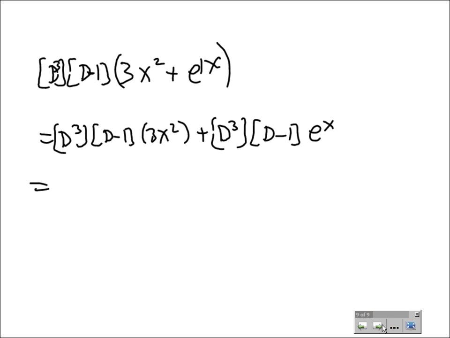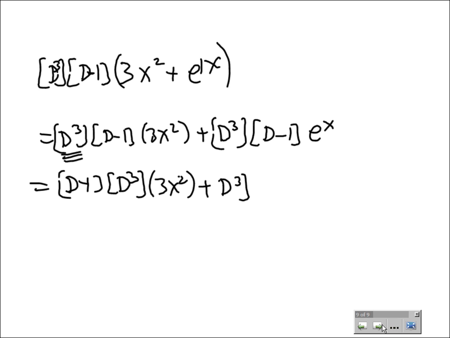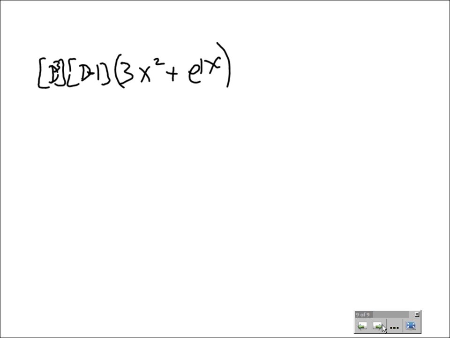And then say, well, I want this to operate first. That is, I'll switch the two. D minus 1 times d cubed on 3x squared. You don't have to do this, because if you did, then it wouldn't work. You don't have to do it. Let's see if it works. Maybe I'm making this stuff up.